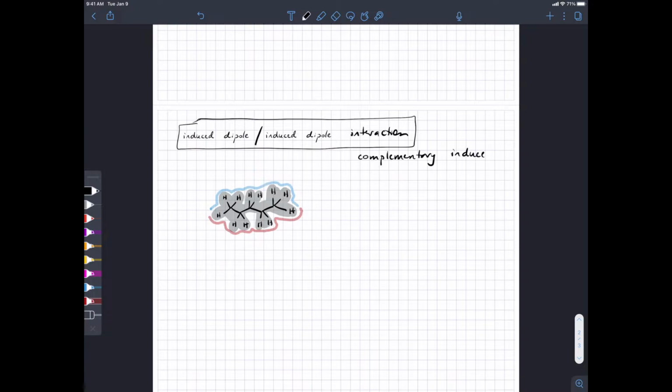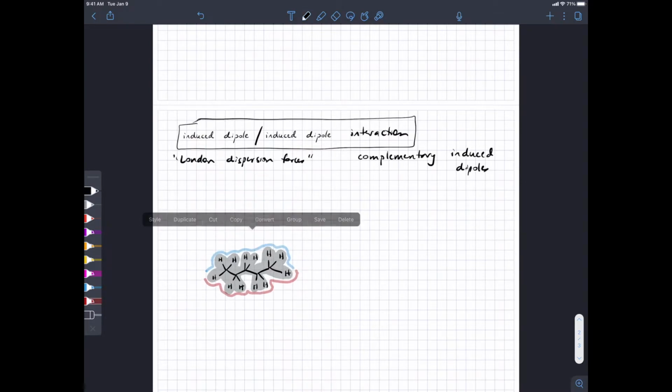This is an issue of complementary induced dipoles. These types of interactions are also called London dispersion forces, and they are also sometimes called van der Waals interactions. All of those are used interchangeably.